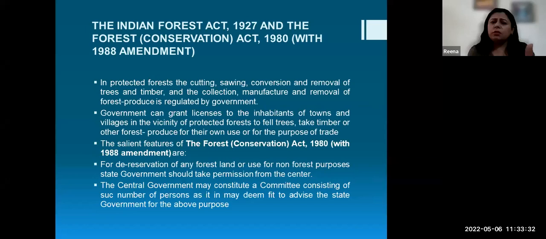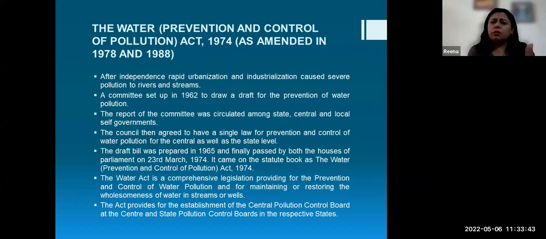After independence, then came the Water Prevention and Control Act in 1974. It drew a draft for the prevention of water pollution, and the report of the committee was circulated among the state, central and local level governments. The draft bill was prepared in 1965.